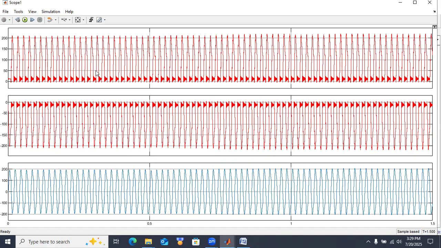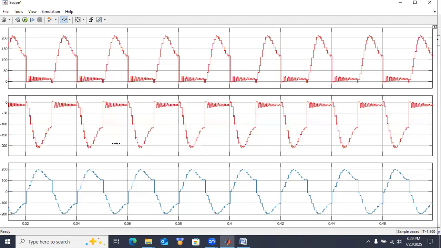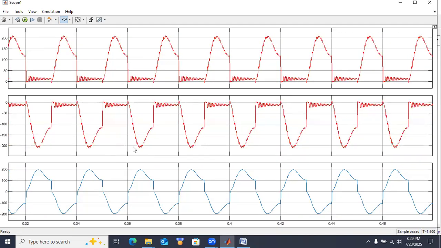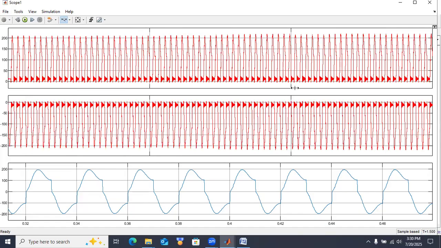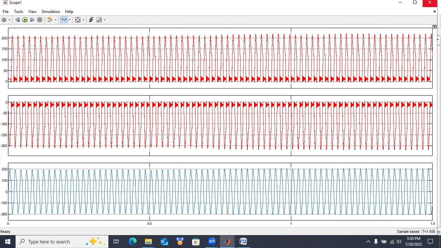So if we combine both, we will get a sinusoidal waveform in the middle. That is, the differential voltage will be sinusoidal output or AC output. Here the capacitor should be properly designed in order to get an AC output, that is sinusoidal waveform.